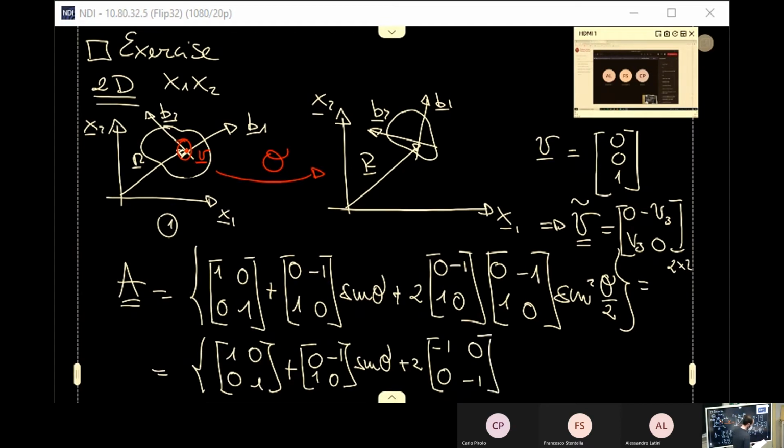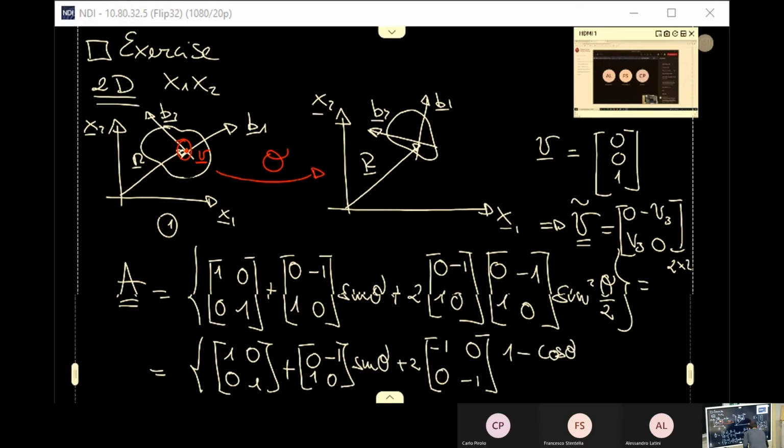And exploiting the trigonometric formula, this sinus squared of theta divided by 2 is basically, we already used this formula, 1 minus cosinus of theta divided by 2.